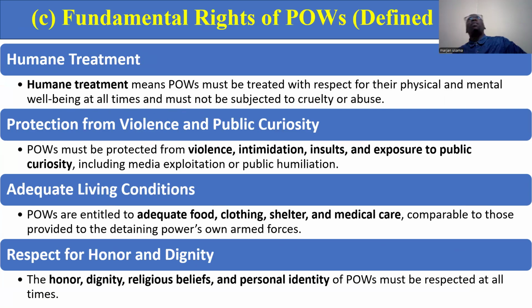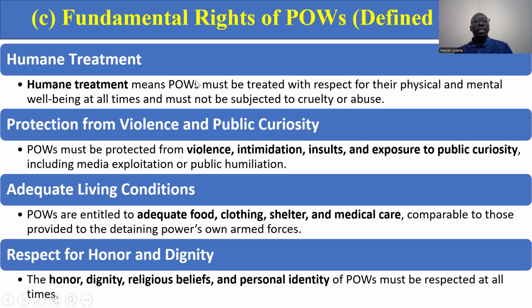Now, what are the fundamental rights of the prisoners of war? Number one, humane treatment. This means that the prisoners of war must be treated with respect for their physical and mental well-being at all times, and must not be subjected to cruelty or abused. Number two, protection from violence and public curiosity.